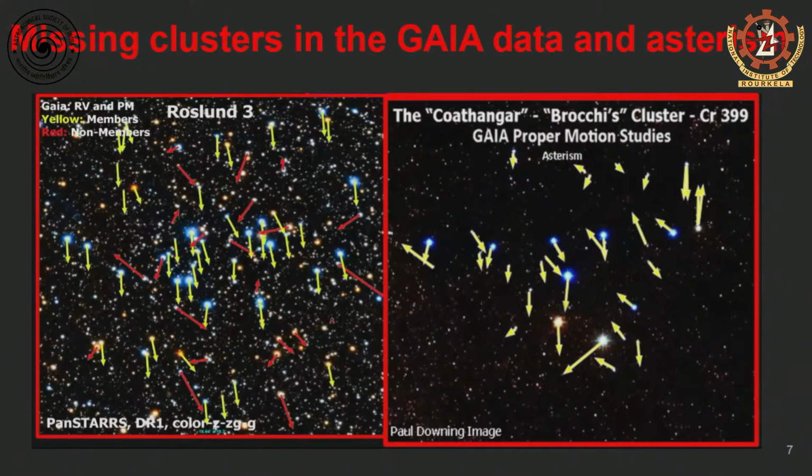See what happens. We assumed this when we didn't have proper motion information. We assumed this as a single star cluster, and all the bright stars as members of the star cluster, because we didn't have any other information, no parallax, no proper motion. You just see the image and say this is a star cluster. That is the kind of work we used to do earlier. But now we have the Gaia information, where parallax and proper motion are available.